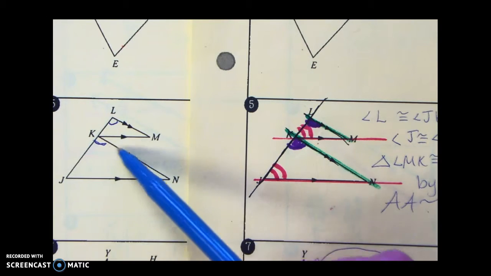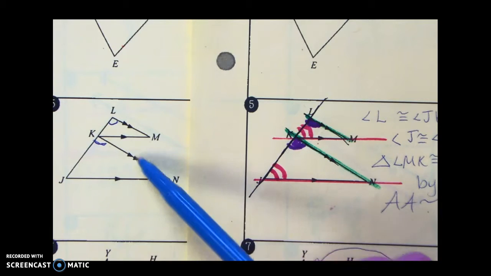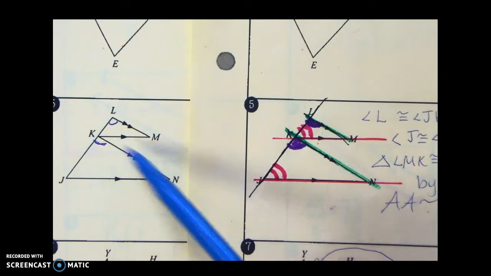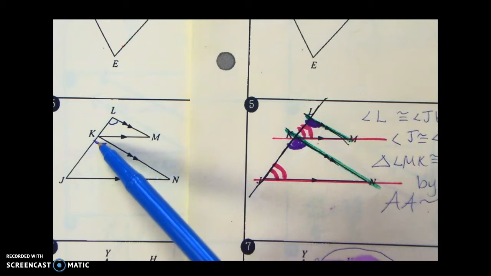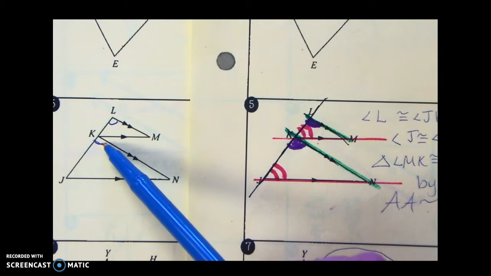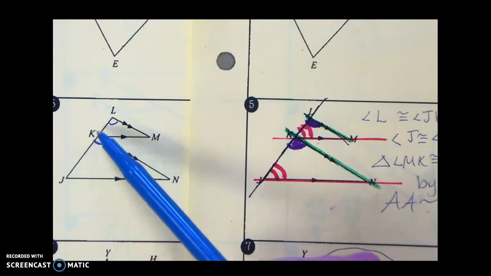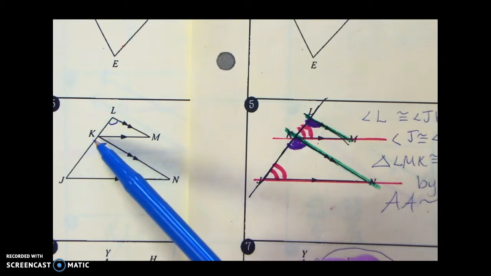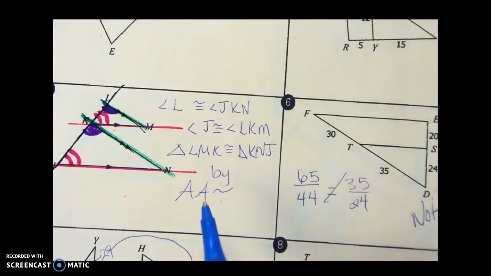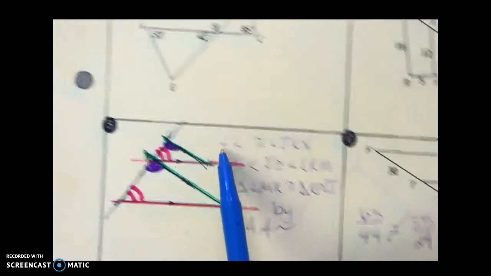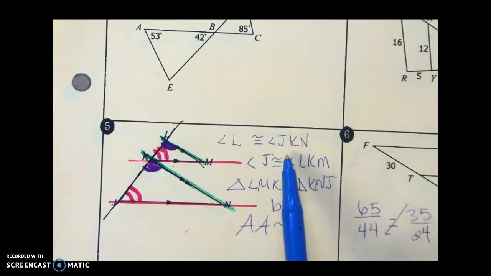We name the 3 letters so that if you follow them along, you end up with that angle. The vertex, where the angle actually makes the turn, is always the letter in the middle of those 3 letters. So, going back to this, we have angle L is congruent to angle JKN.